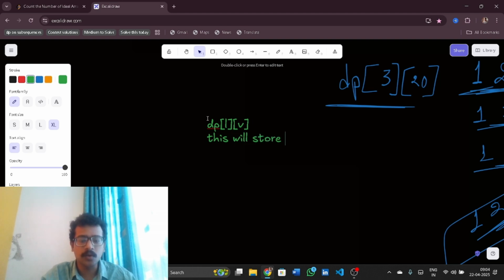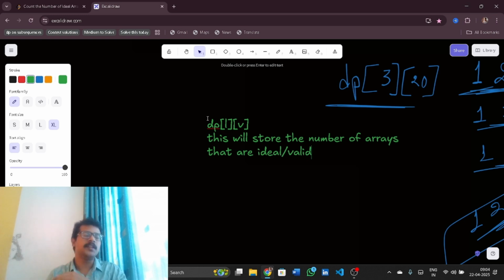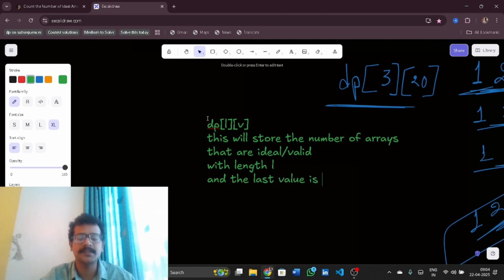This will store the number of arrays that are ideal, or let me take it as valid. That means array of 5 is divisible by array of 5 minus 1. Valid with length L, and the last value is V.